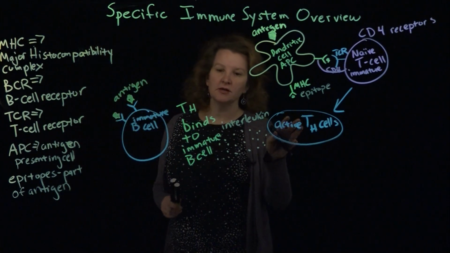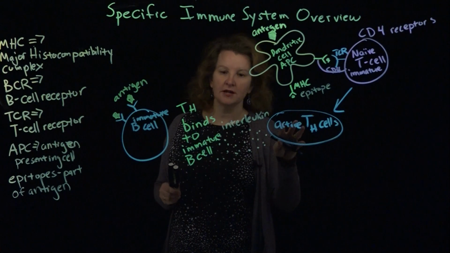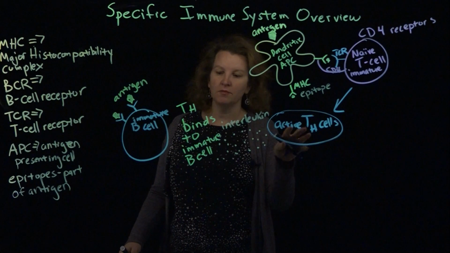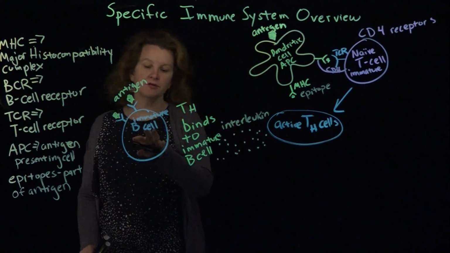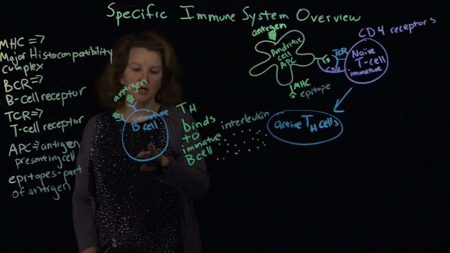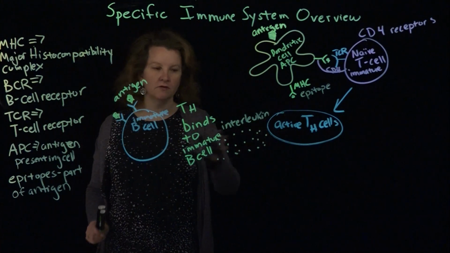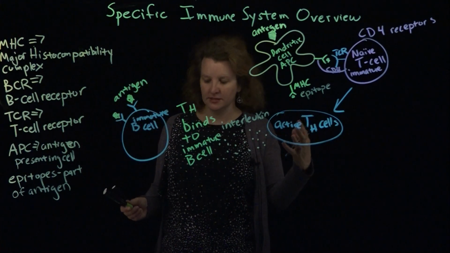And then ultimately it's going to be completely activated by this second tier step, this T helper cell binding to it and then that secretion of interleukin. Now there are some antigens that are sufficiently small that they can stimulate the B cell directly, but typically you need the addition of the T helper cell, and hence the name helper.